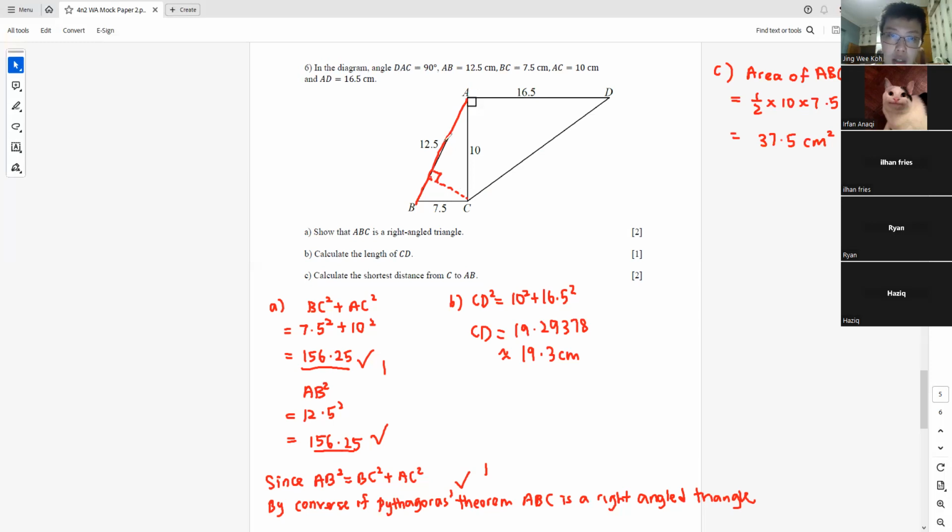So I can also instead use half times 12.5 times x. If I use half times 12.5 times x, I am also actually finding the area of the triangle, correct? So I already know that the area is 37.5.